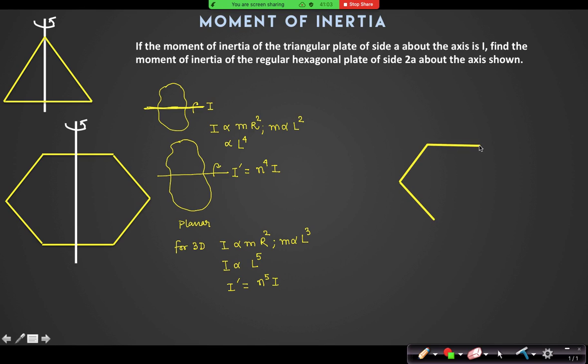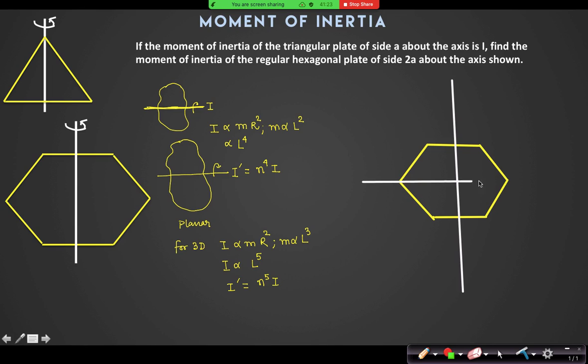All the sides are of length 2a. It's given. I have to find the moment of inertia about this axis.